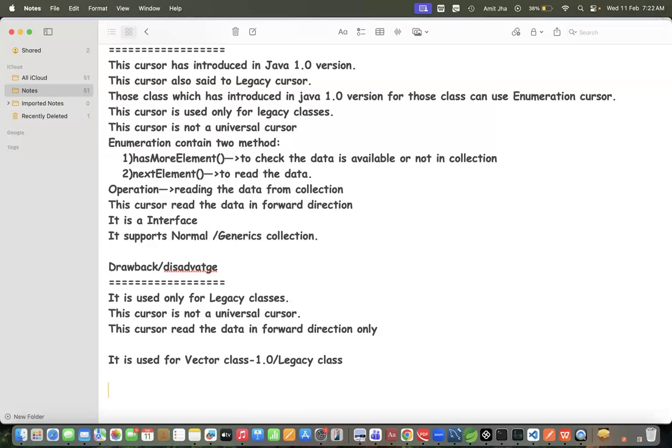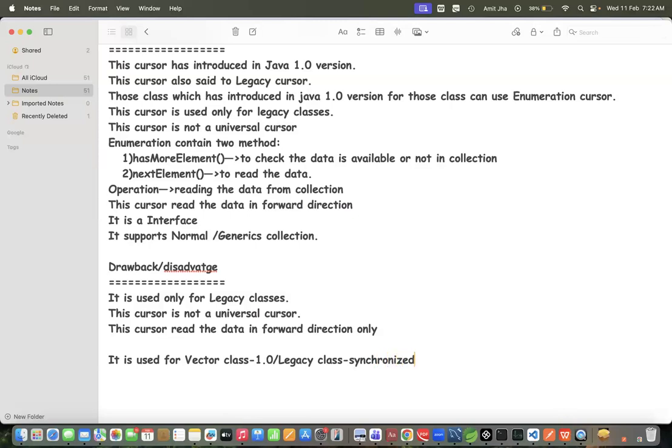The classes introduced after 1.0 have non-synchronized methods, and the classes introduced in 1.0 are synchronized. So tell me, is Vector synchronized or non-synchronized? Synchronized only, right? Because this class was introduced in which version? 1.0.